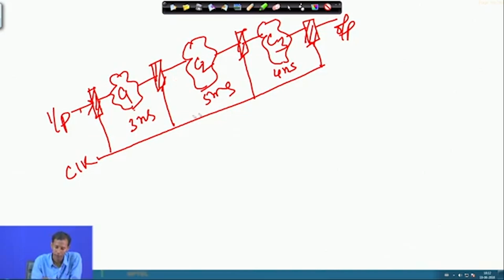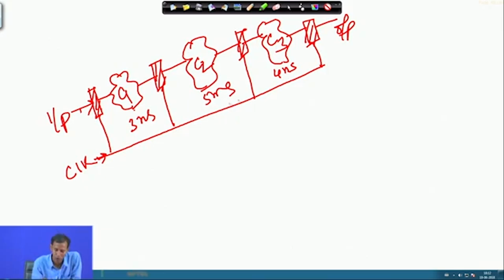Now, what will be the corresponding critical path of this system? That is, what will be the minimum clock period which I can consider for this particular case? What clock period will I set over here?